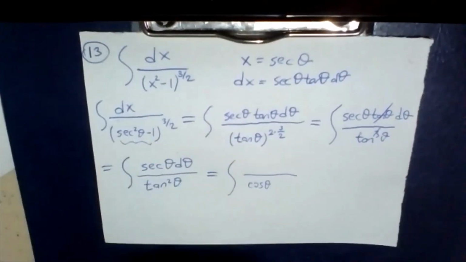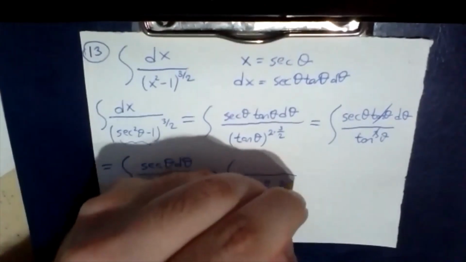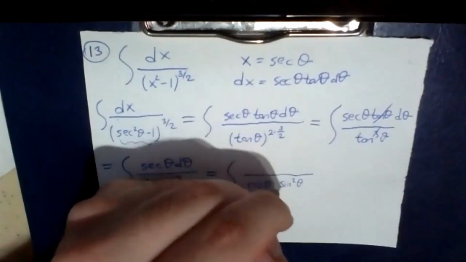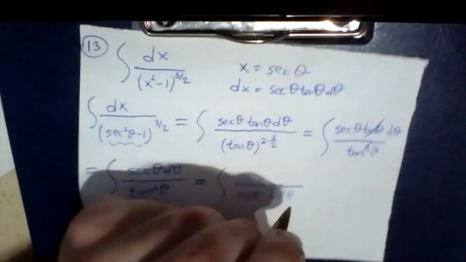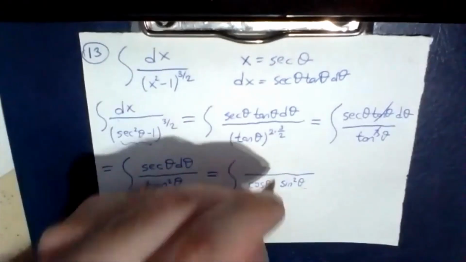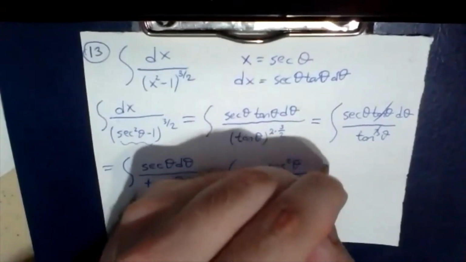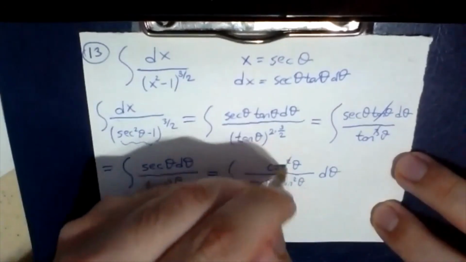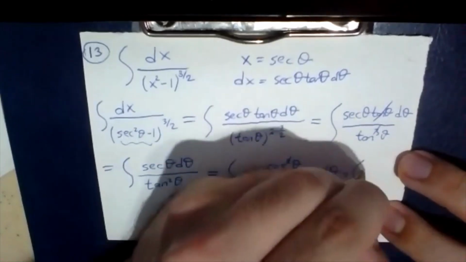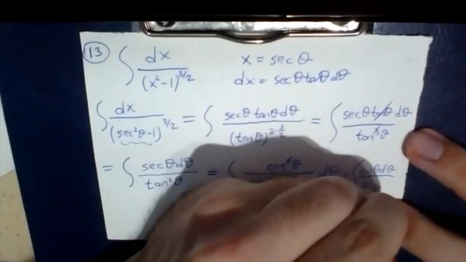And for tangent squared theta, I should write sine squared theta over cosine squared theta, and the denominator over denominator will be numerator. So I have cosine squared theta here. Then one of them will be cancelled. I will have cosine theta d theta over sine squared theta.